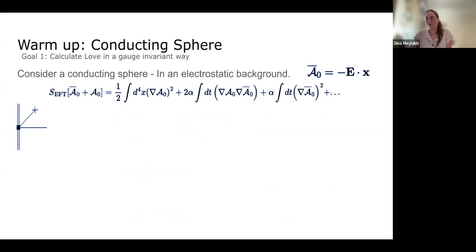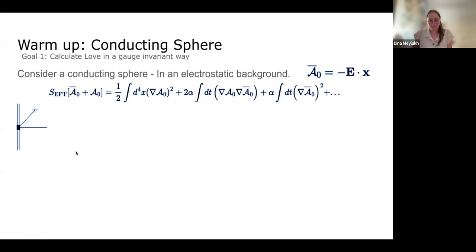So the first thing we do when we have an effective action is write Feynman diagrams. So in this diagram, the double line corresponds to the particle's world line. The X corresponds to a background insertion, and the full line corresponds to the propagation of the field itself.